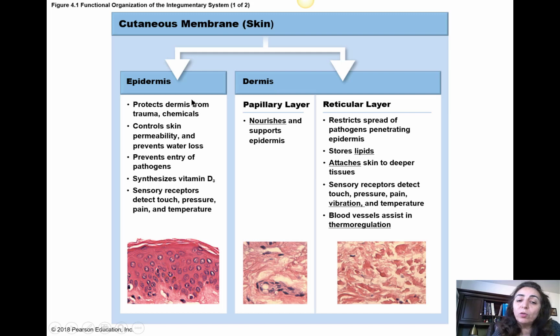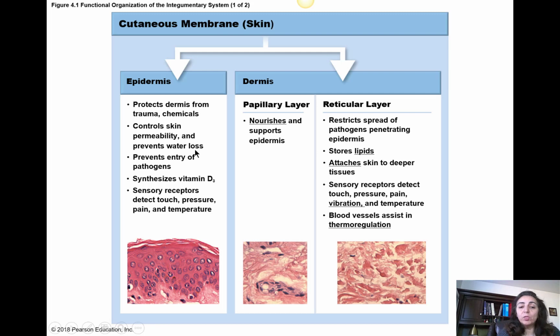Now let's go over the general function of each one of these. Epidermis, that is located above, is the stratified squamous epithelium that is keratinized, as you see the layer of keratin here. Its function is to protect the dermis from trauma and chemicals, control skin permeability, decide what can pass through to get inside or not, and prevent water loss.